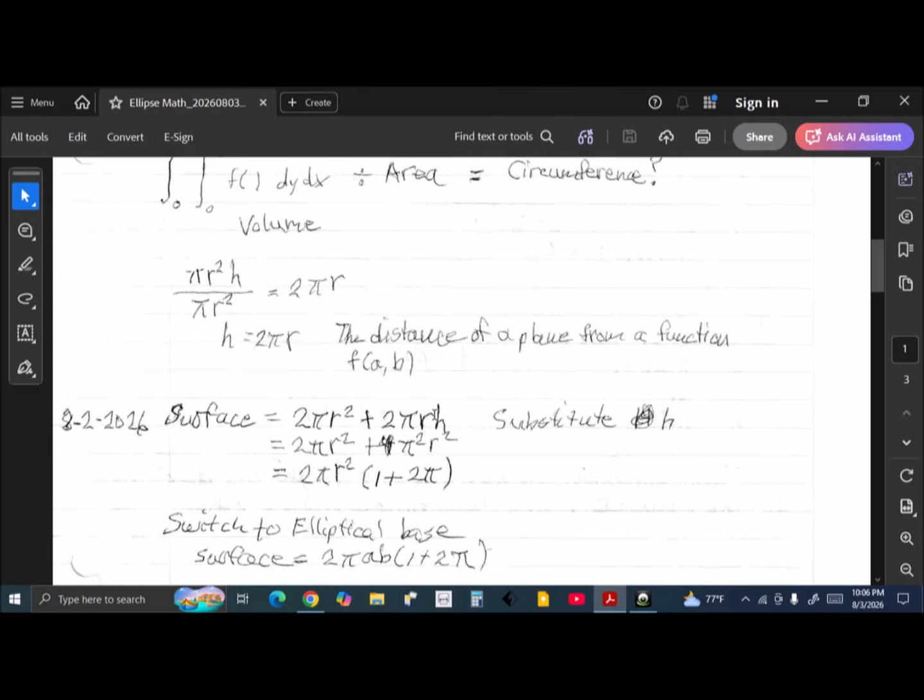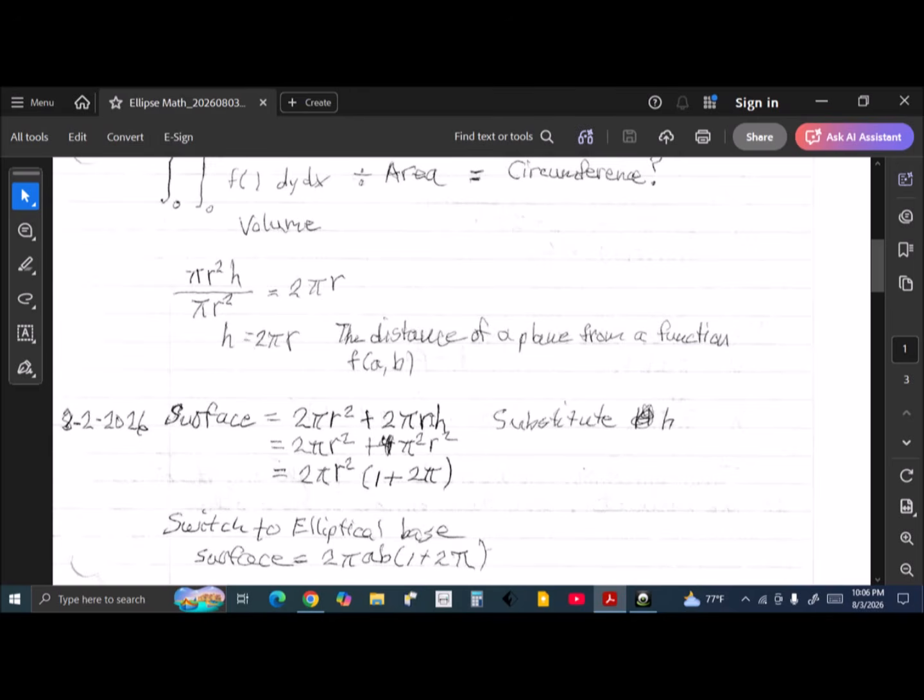That would be the area of the lateral portion if the cylinder was unwrapped into a rectangle. Then one side would be of length 2 pi r, excuse me.